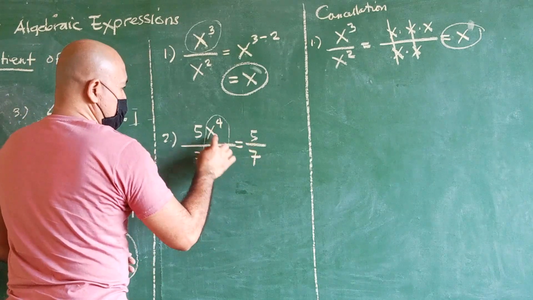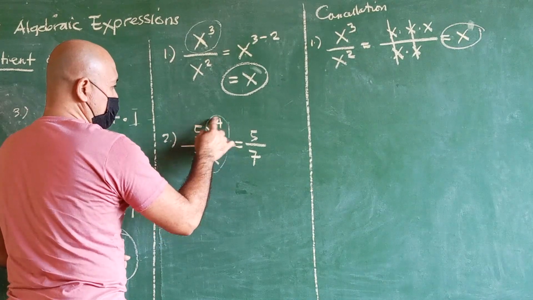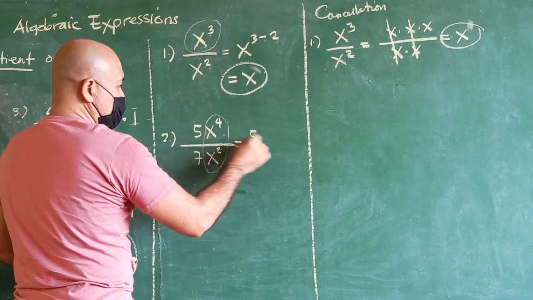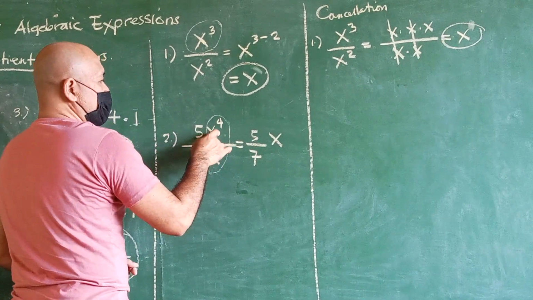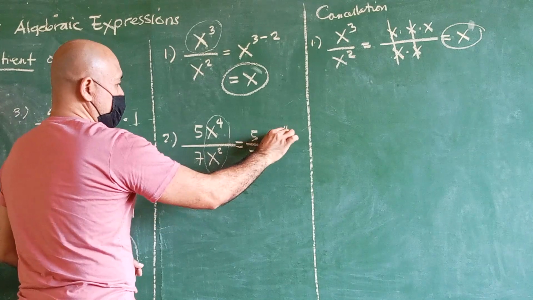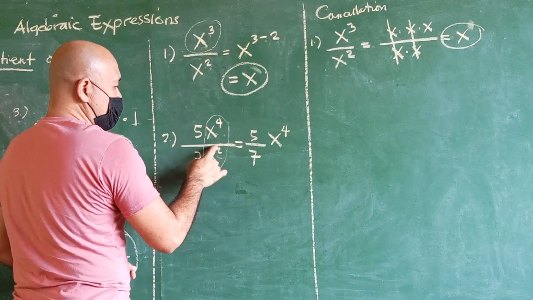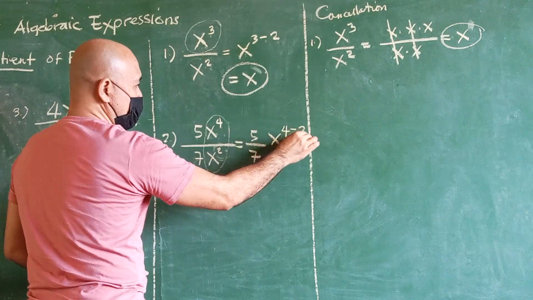Since the numerator has the bigger exponent, just bring down or copy the variable in the numerator, copy also the exponent, and subtract the exponent of the denominator from the exponent of the numerator, that is 4 minus 2.